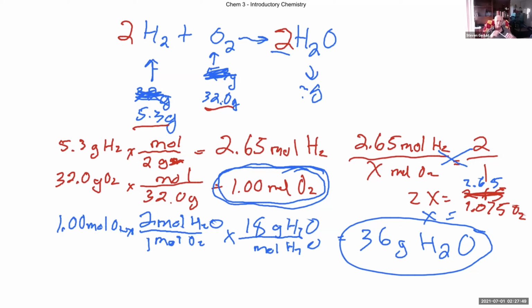Yeah. I'm sorry, I don't really get why you put... Can you guys hear me? Yeah. Where it says 32.0 grams of oxygen and then times mole over 32 grams, is this 32 right here?